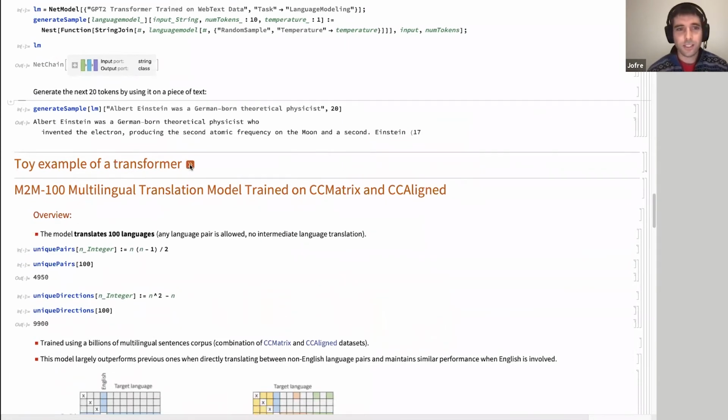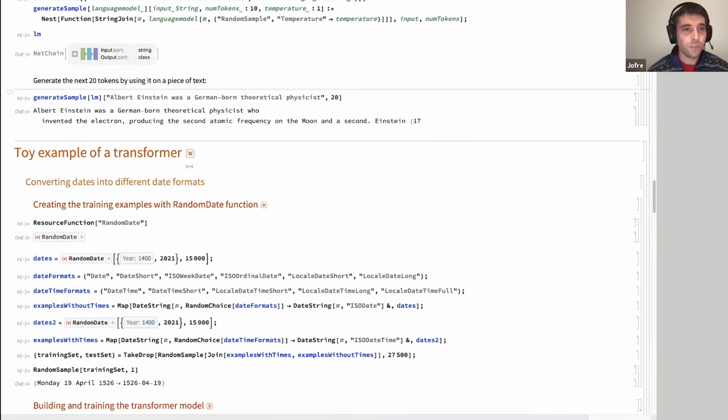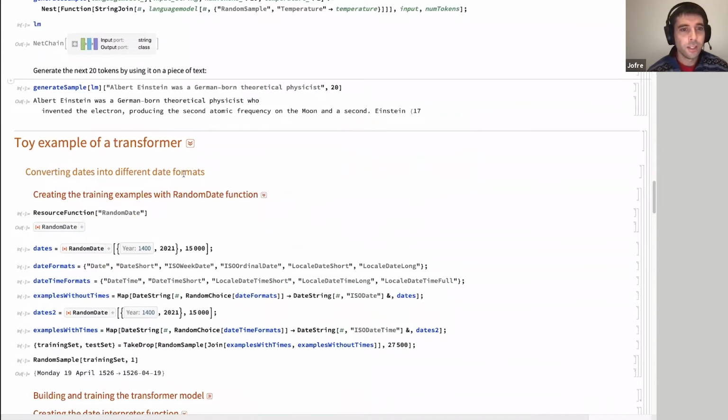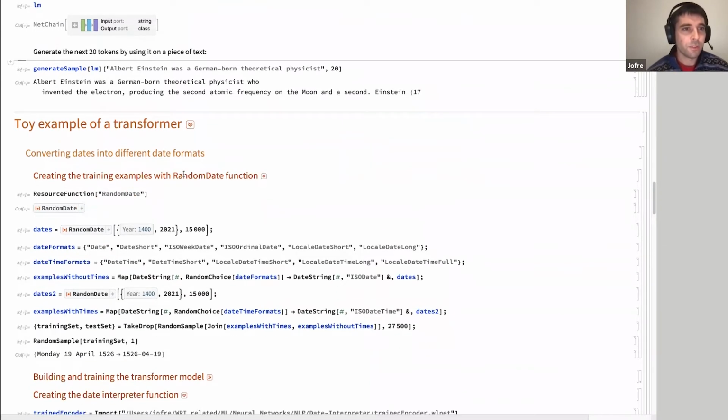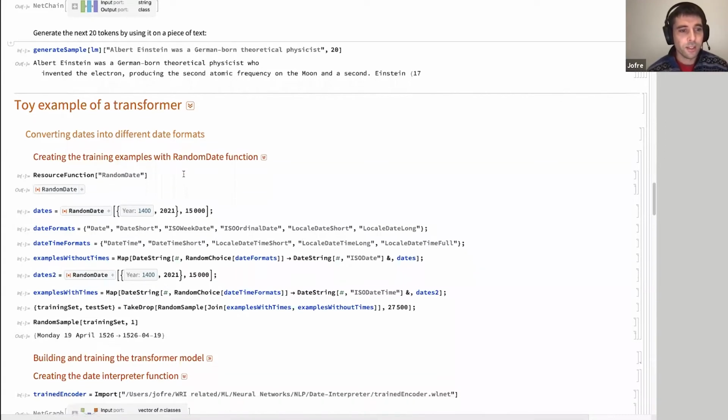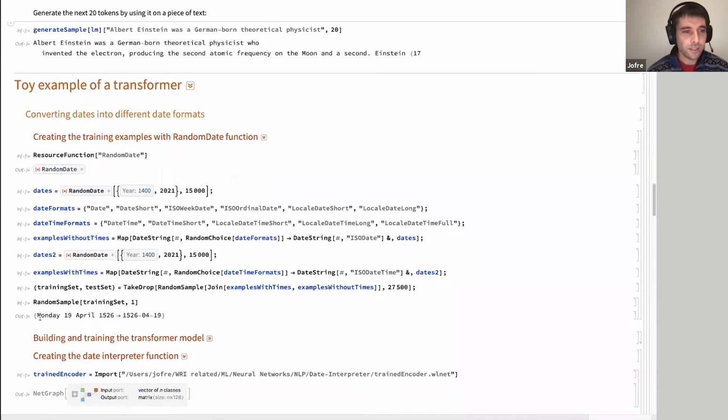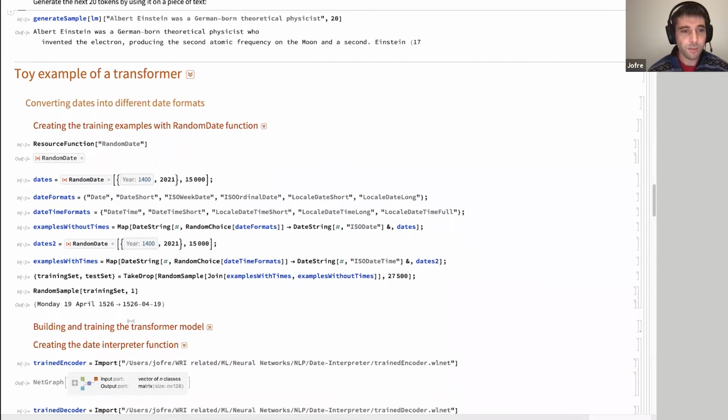Here, in this section, I added into the notebook that I shared also in Pathable, a toy example of a transformer for converting dates as strings in different date formats into standard date formats.